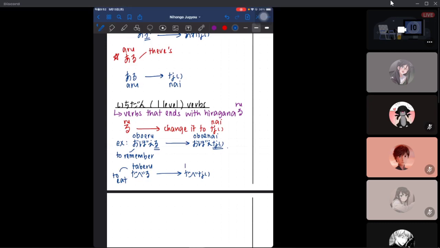Tabenai. It means don't eat. It's the negative form of it. So the rule here, you change ru to nai. Tabenai. So that is ichidan.